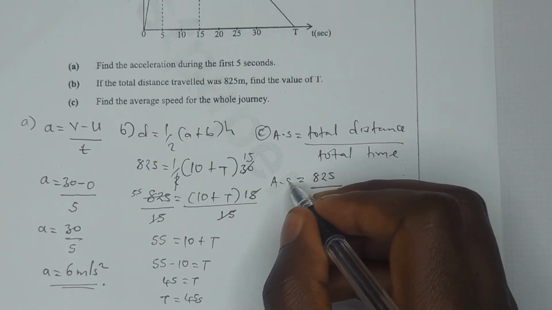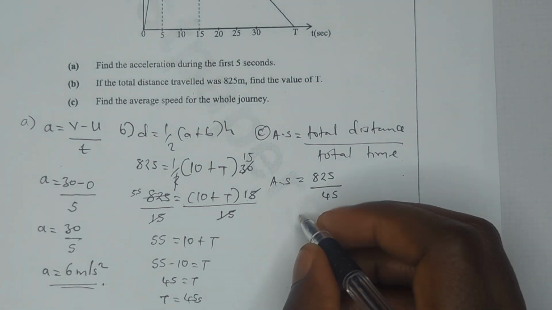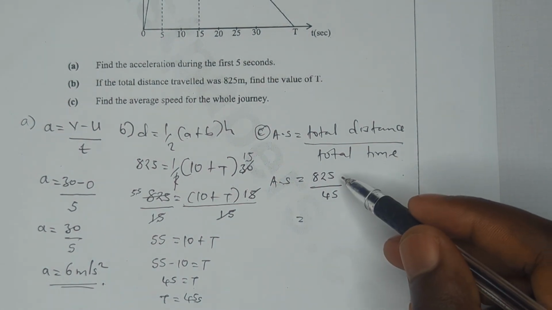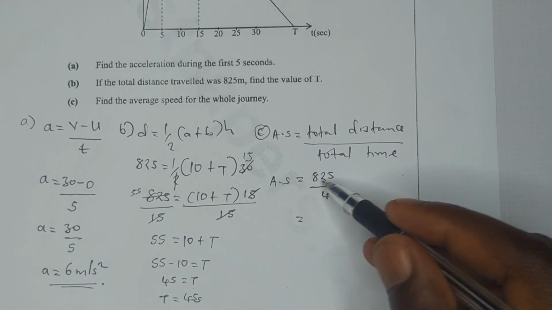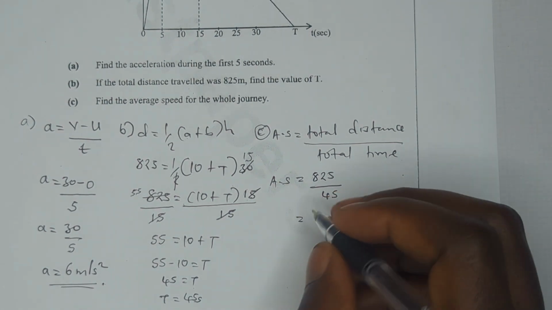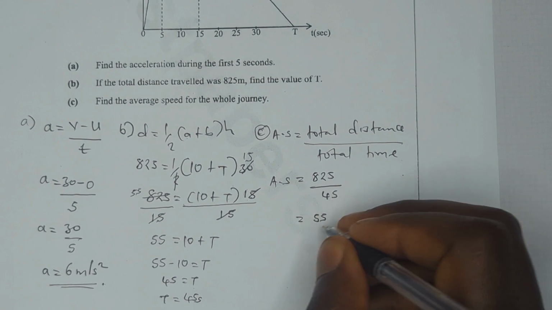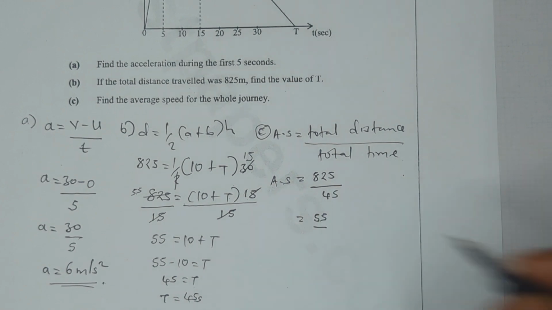For this to be easy, we can reduce the numbers. 15 can go into 825 55 times. 15 into 45 goes 3 times.